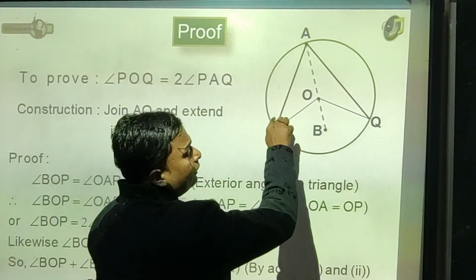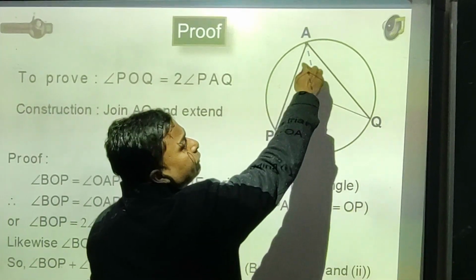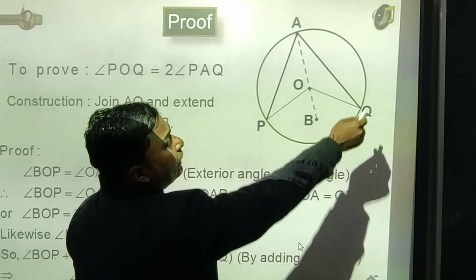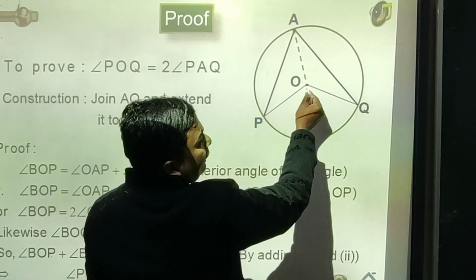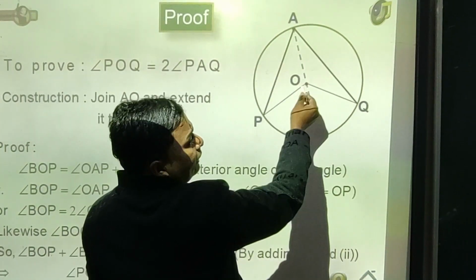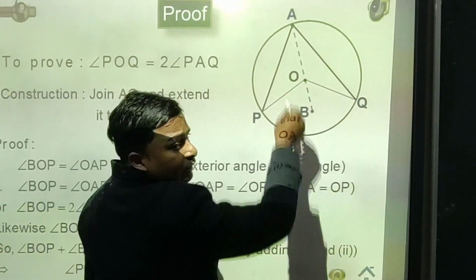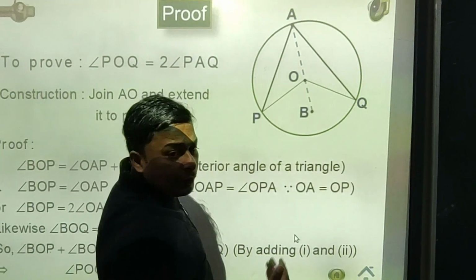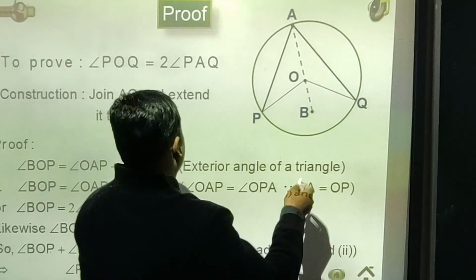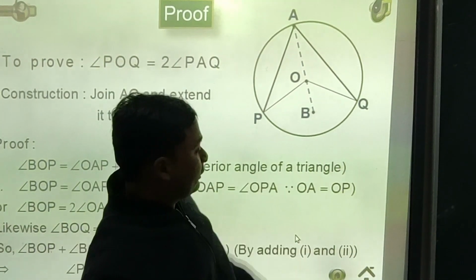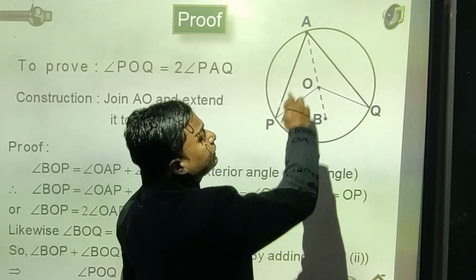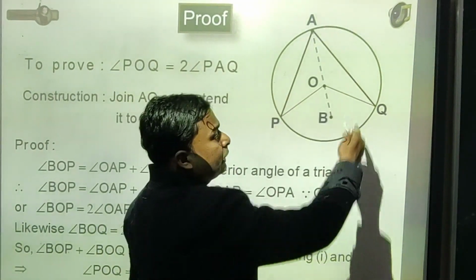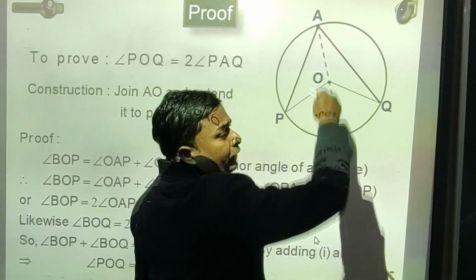So angle P is equal to angle A. Similarly, in triangle AOQ, OA is a radius and OQ is a radius, so both lines are radii of the circle and equal, and they will again follow the property of an isosceles triangle. Suppose this angle is x, then this angle is also x. If this is y, this angle is also y.